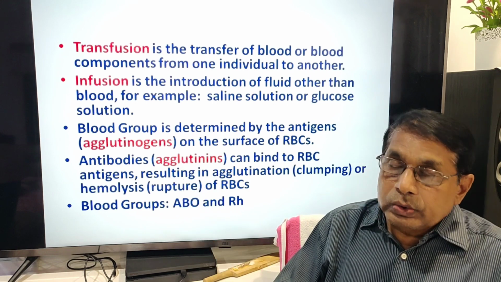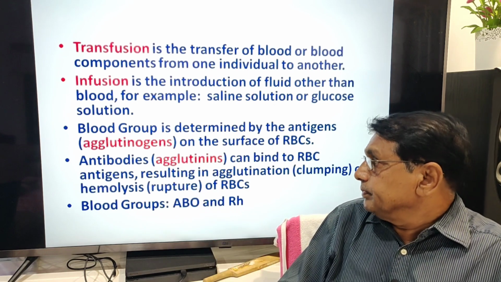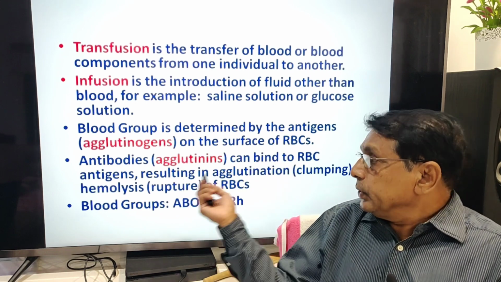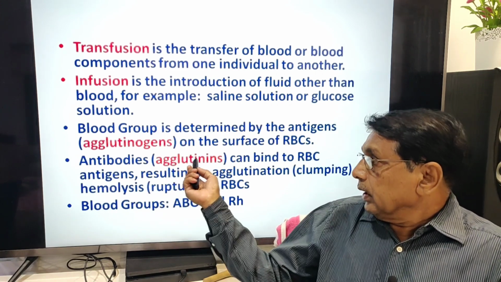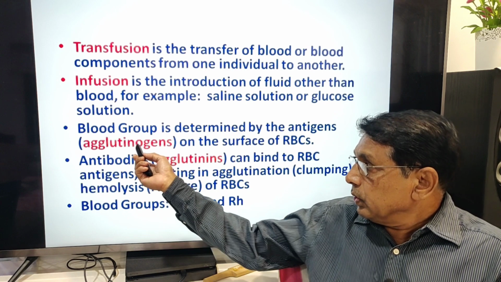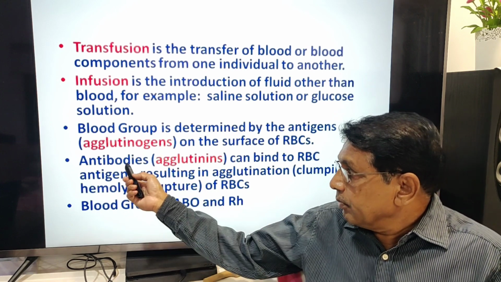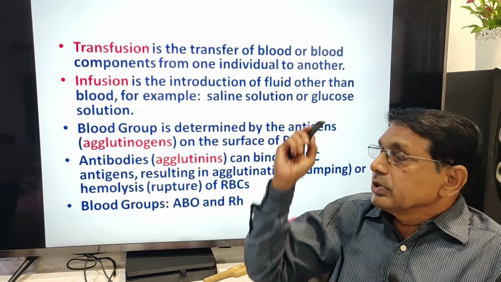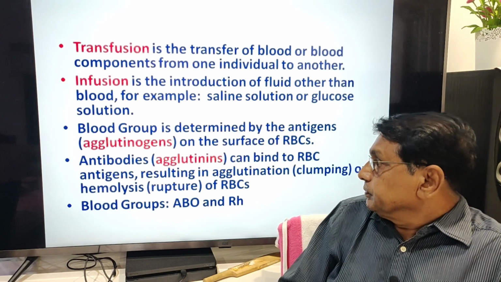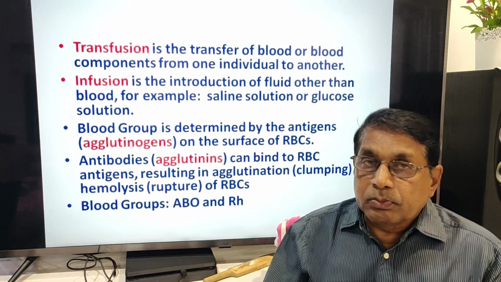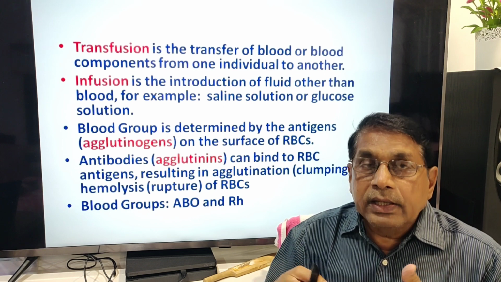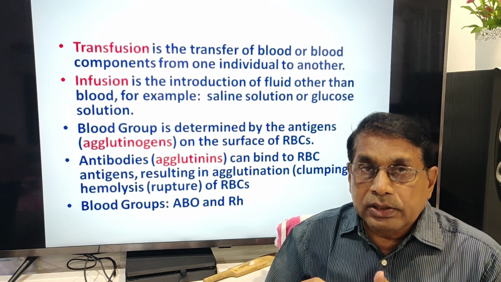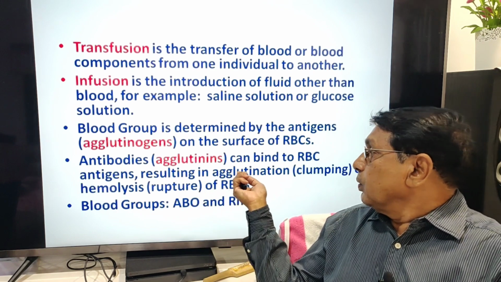Antibodies, also known as agglutinins, can bind to RBC antigens. Agglutinins bind to agglutinogens, or antibodies bind to antigens, we can say like that. Suppose an antibody binds with the corresponding antigen, there will be an agglutination.